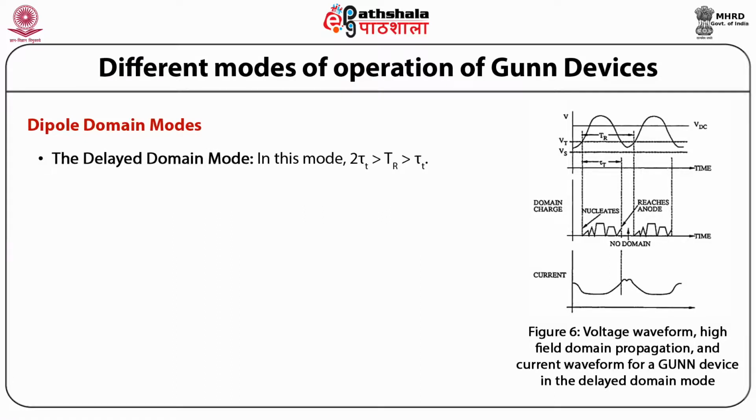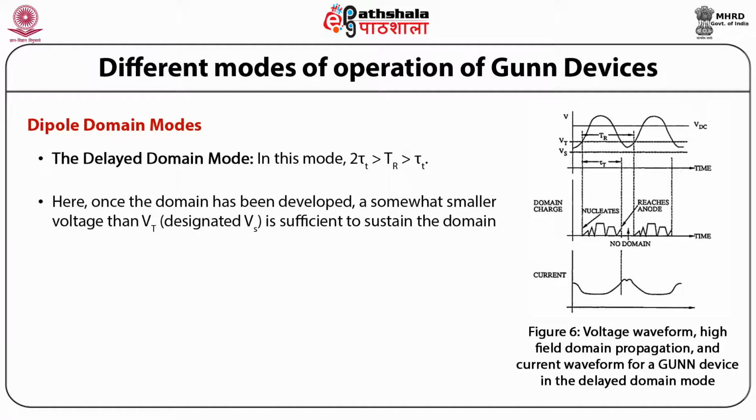Let us now discuss the second domain mode, that is the delayed domain mode. In this mode, 2 tau t is greater than Tr is greater than tau t. So the figure over here shows the voltage waveform, the moving domain charge, and the current waveform for this mode. Here, once the domain has been developed, a somewhat smaller voltage than Vt is sufficient to sustain the domain.